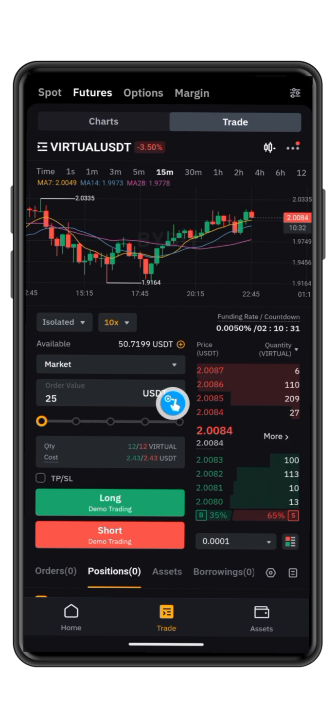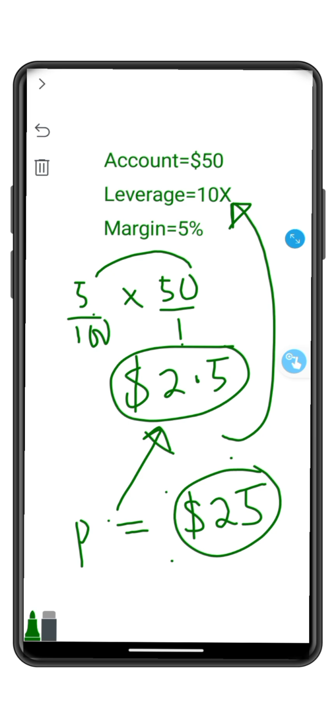But the interesting thing here is that under isolated, you would have to remove your margin from this. Since we've got 50 USD in our account balance, we would need to take away 2.5. So we need to take away our margin.